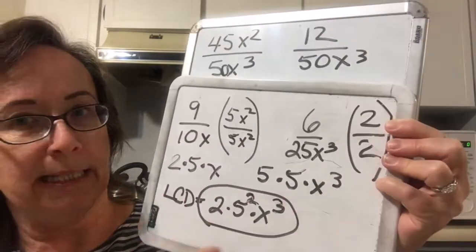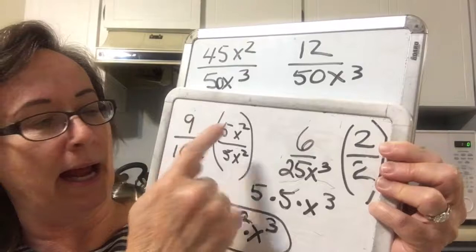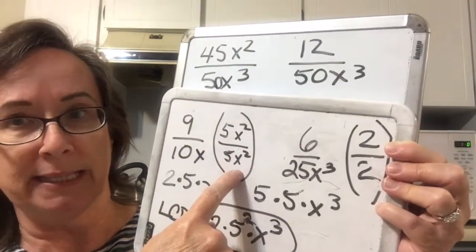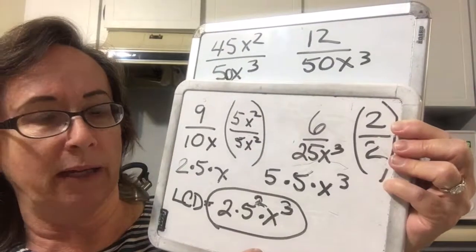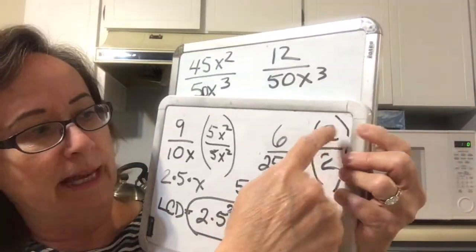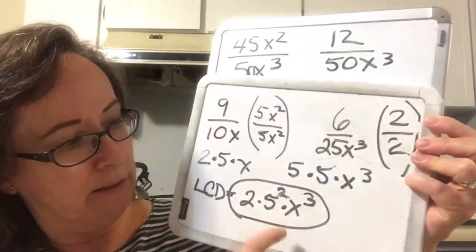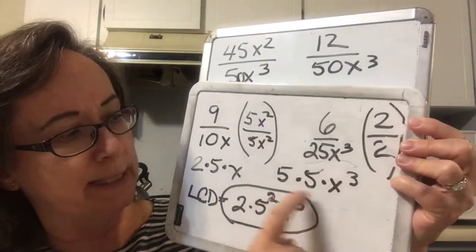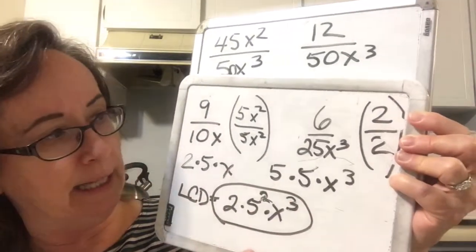build your LCD, multiply your original fraction by what's missing between the old denominator and the new denominator. Do the same thing for the other rational expression or fraction. Multiply by what's missing between its factors and the LCD.